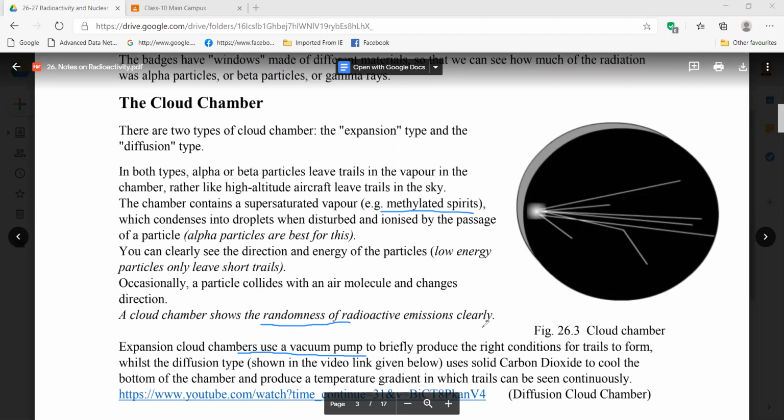That's it. Is it clear to you? For your understanding, or for making you more confident with this instrument, I just gave you some information here, so that you get at least a little bit of an idea what a cloud chamber is and how it works.